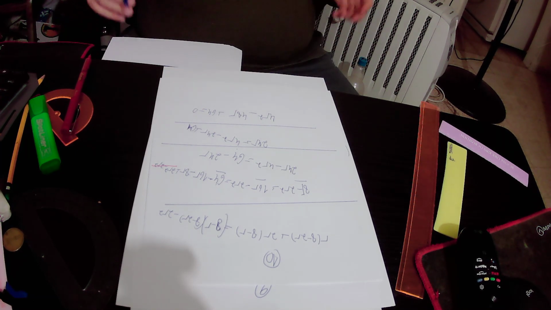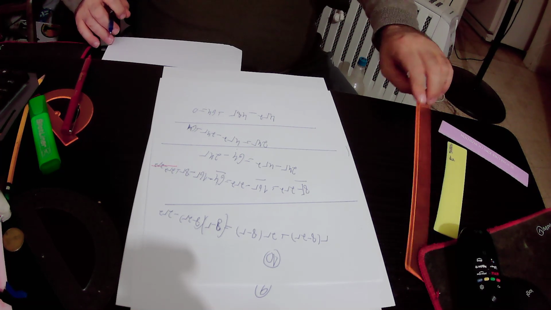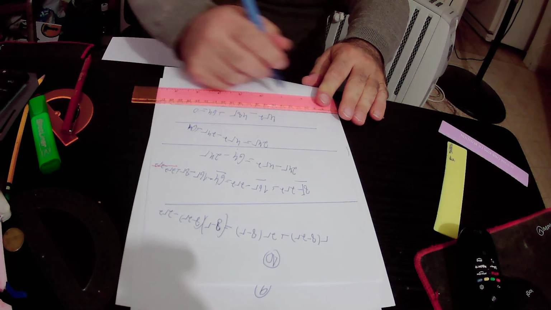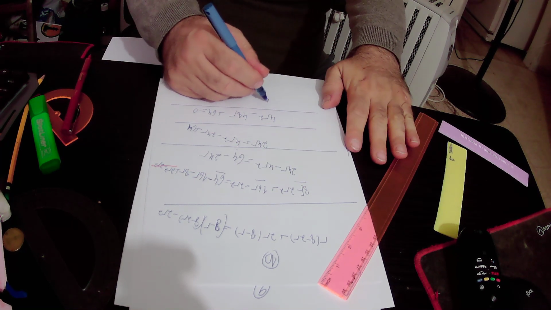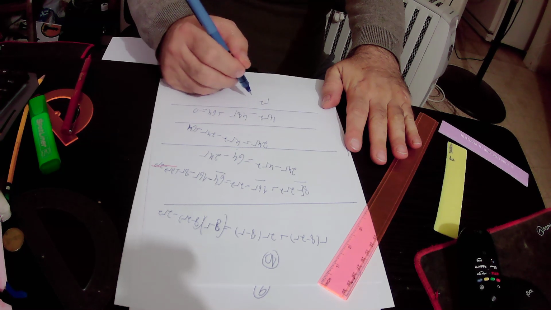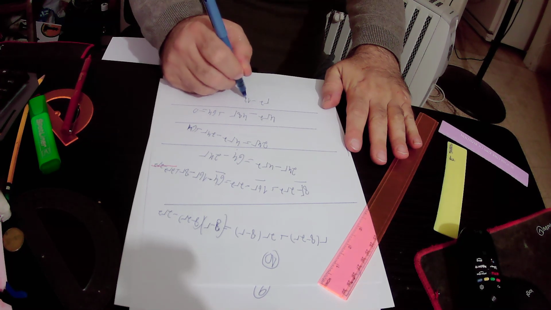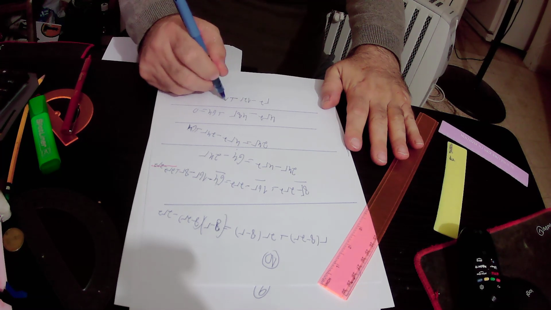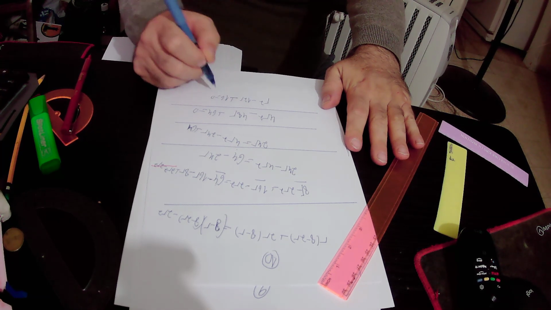Here we have a quadratic equation. Okay, we will divide this quadratic equation by 4, and we will get that r squared minus 12r plus 16 equals 0.